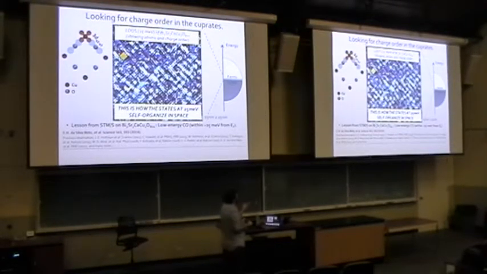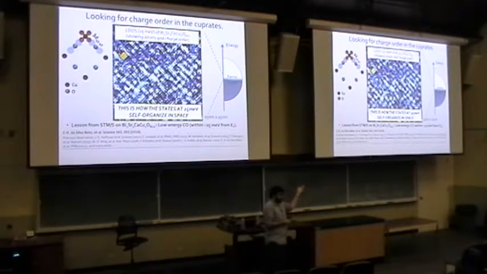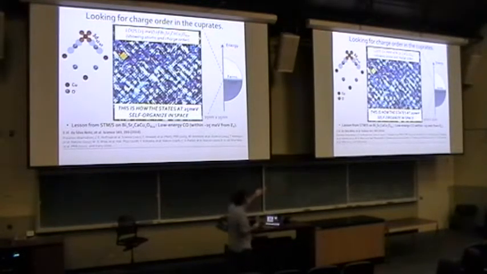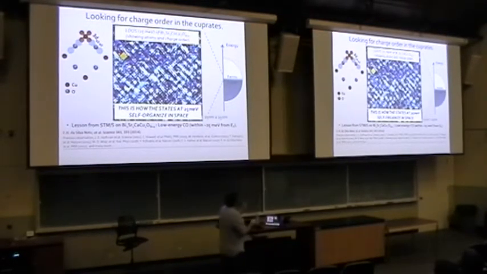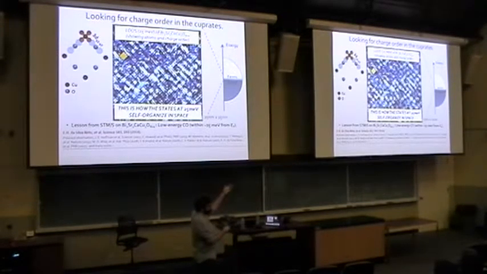But if I look at the local density of states of this material, just above the Fermi level, 25 millielectron volts above the Fermi level, this doesn't happen at 50, and it's going to be very suppressed even at 0. But at 25, you're going to see that on the same area, you can hardly see some of the structure anymore. And really what you see is this checkerboard order.